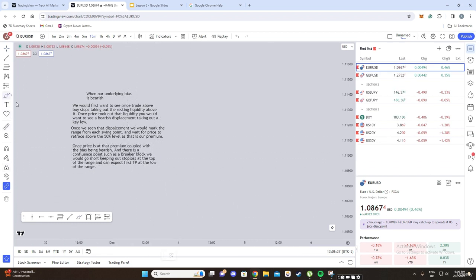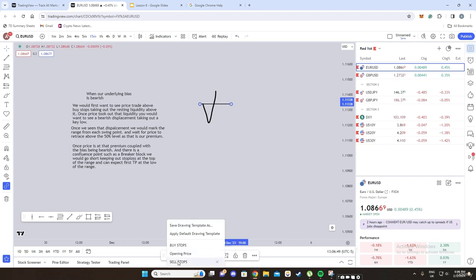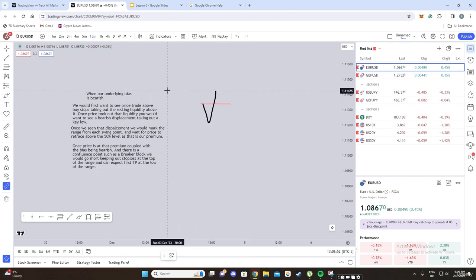And this is how the structure is gonna look like. So when we're bearish, we want to see price trade over this liquidity point here, our buy stops, because when price trades above that buy side liquidity, that is the manipulation, and market is bringing in liquidity.